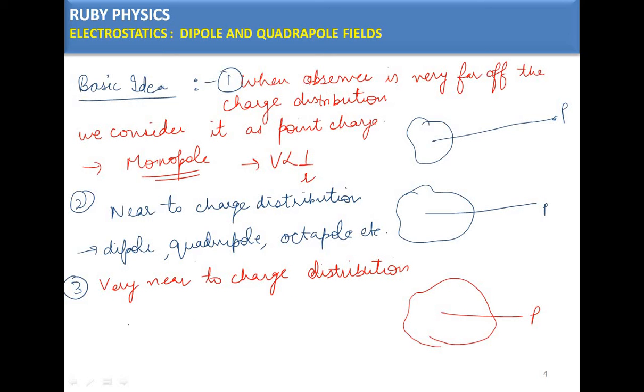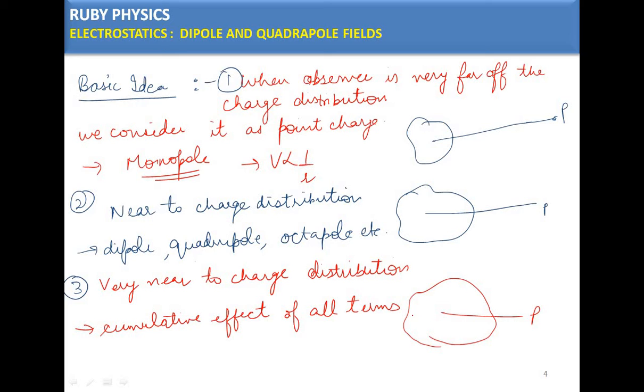In that case you are going to take the higher order terms, and you will take the cumulative effect of all the terms. The higher order terms like dipole, quadrupole, etc., will be more important in this case. We will have n number of combinations of charges, so we have to take the cumulative effect of all these terms.